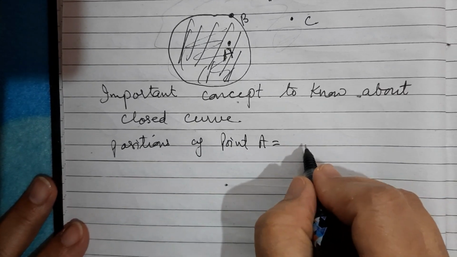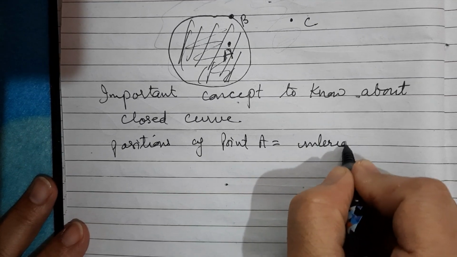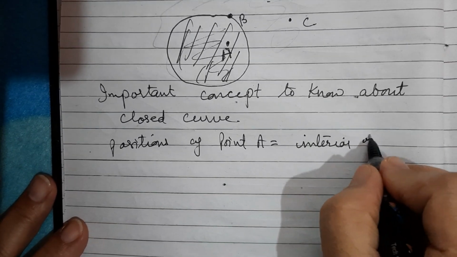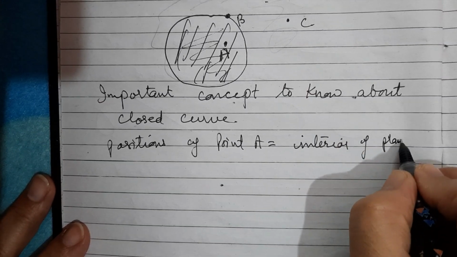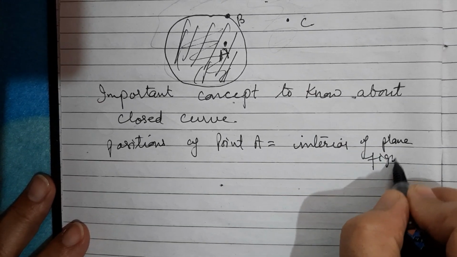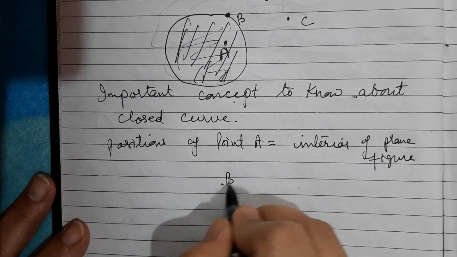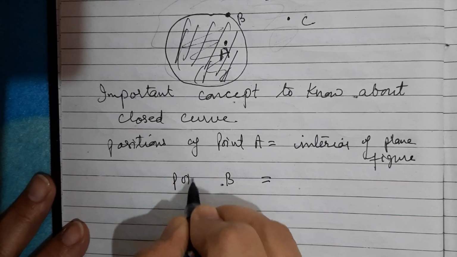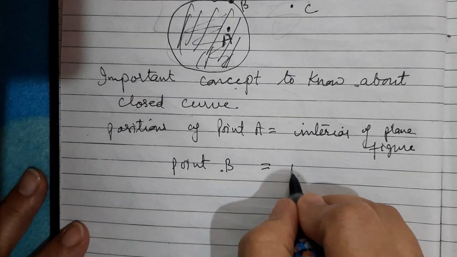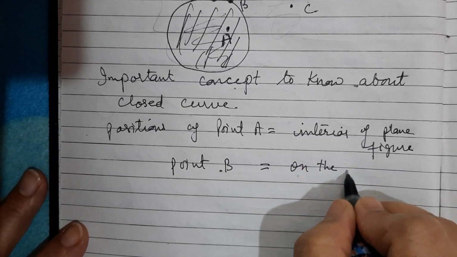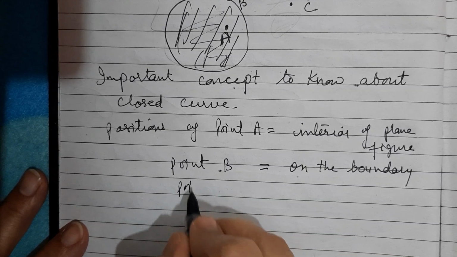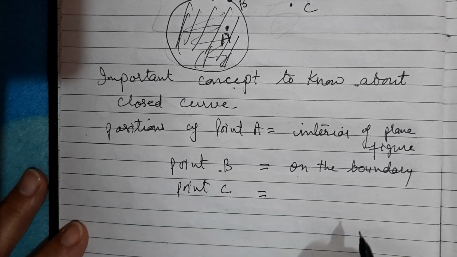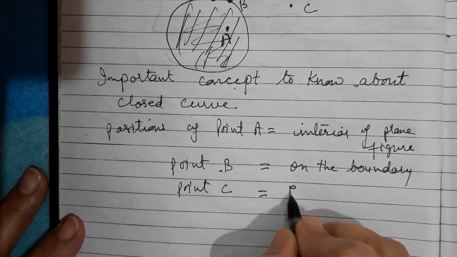Point A is in the interior of the plane figure. Point B is on the boundary, and point C is exterior.